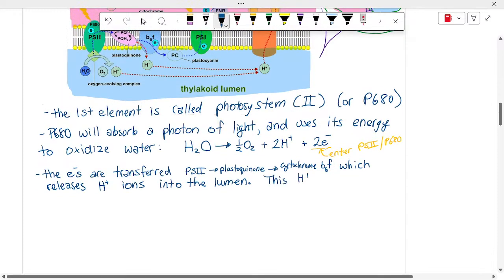This H plus ion was carried to cytochrome B6F by PQ, plastoquinone, from the stroma.